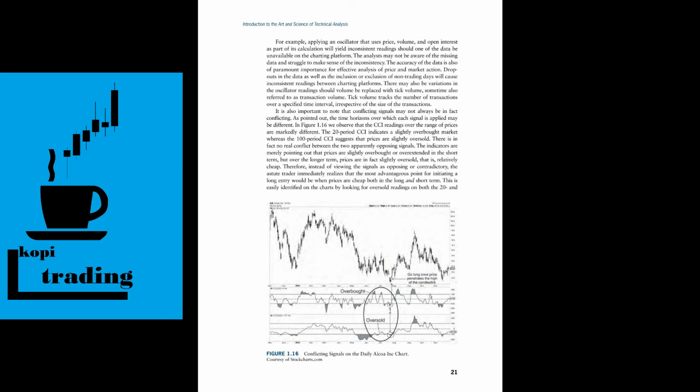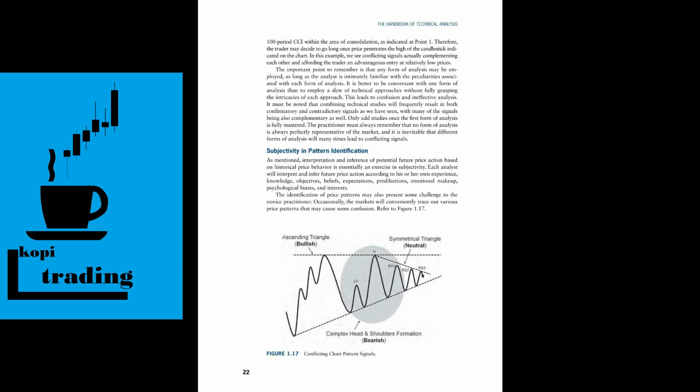This is easily identified on the charts by looking for oversold readings on both the 20 and 100-period CCI within the area of consolidation, as indicated at point 1. Therefore, the trader may decide to go long once price penetrates the high of the candlestick indicated on the chart.